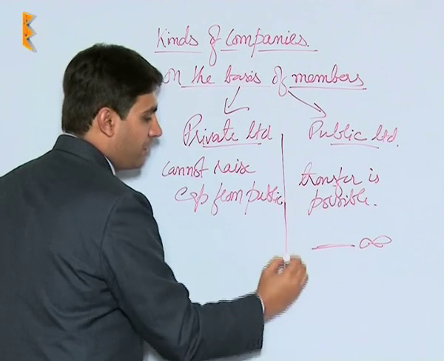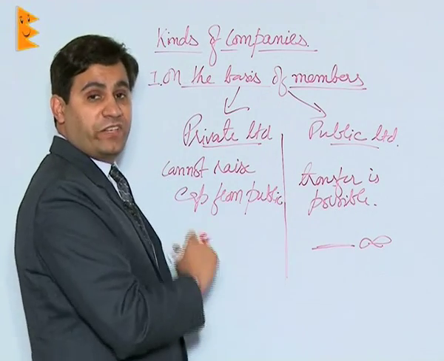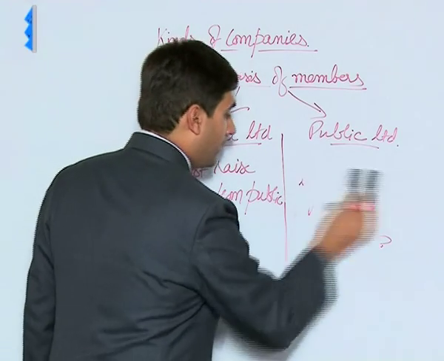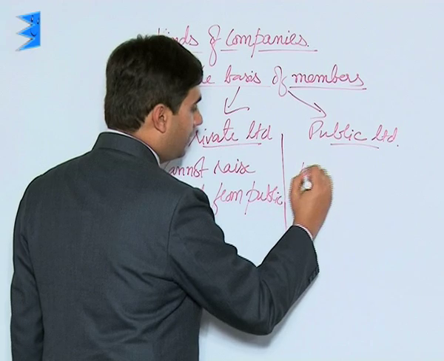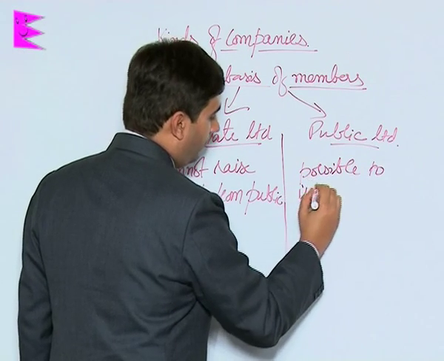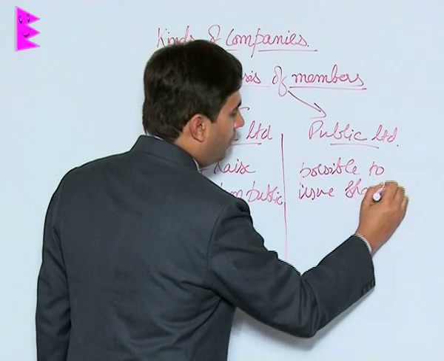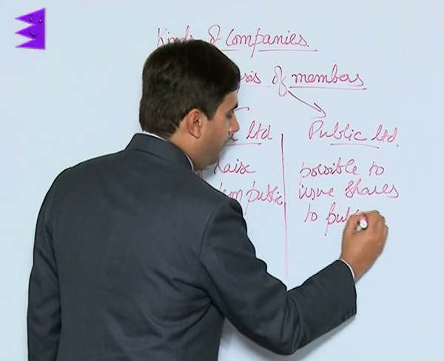Whatever capital is required has to be arranged through either loans or among those 50 members. Whereas in case of public limited company, it is possible to issue shares to public. And by issue of shares, we mean gathering capital from public.